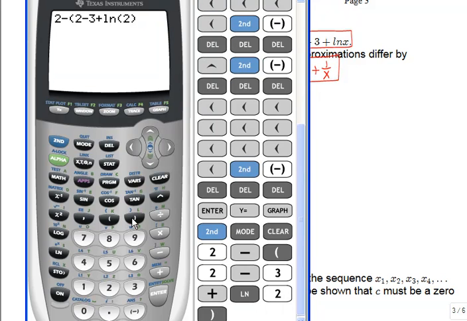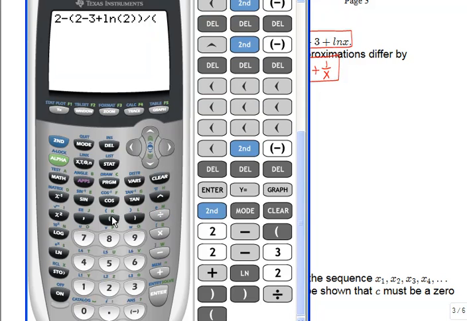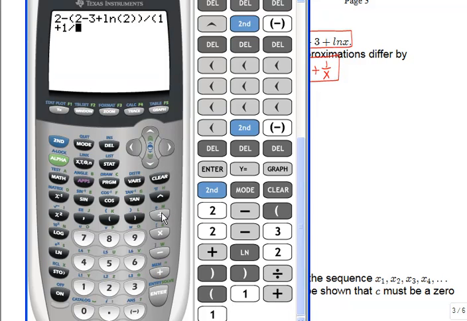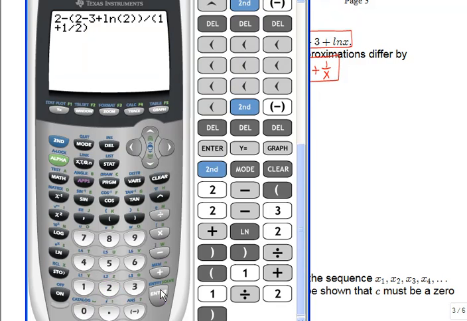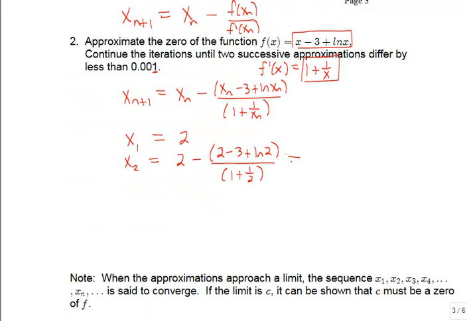Close the parentheses on the ln, close the parentheses on the numerator, divided by the denominator, which was our derivative, 1 plus 1 over x, and our x is 2. Close the parentheses on that denominator. When I hit enter, here is my second guess, 2.20456. So let's go ahead and write that down.